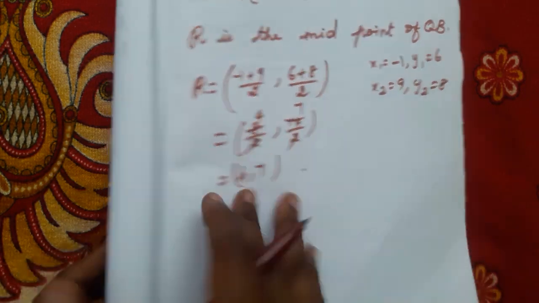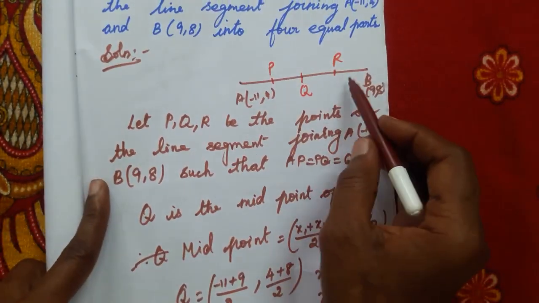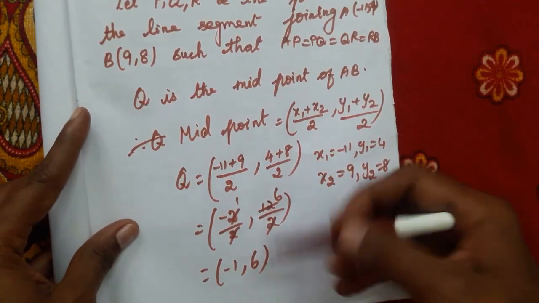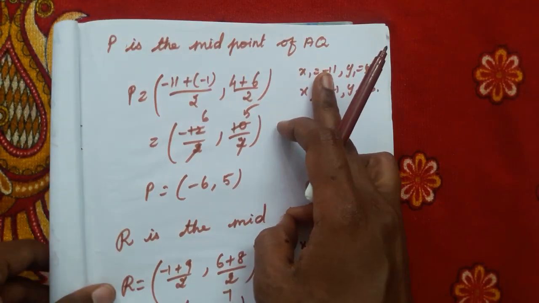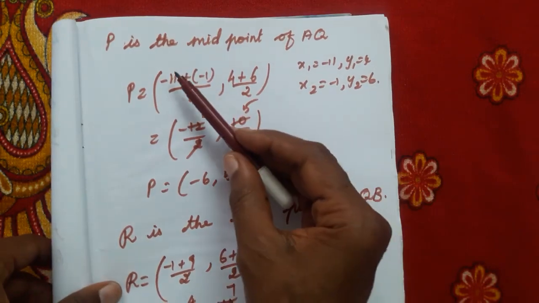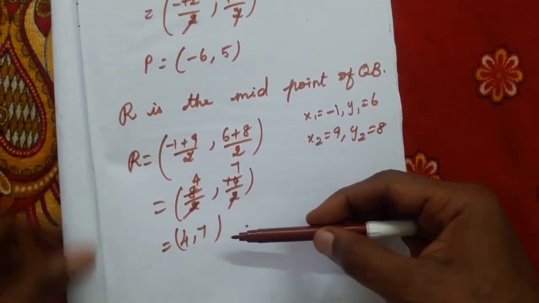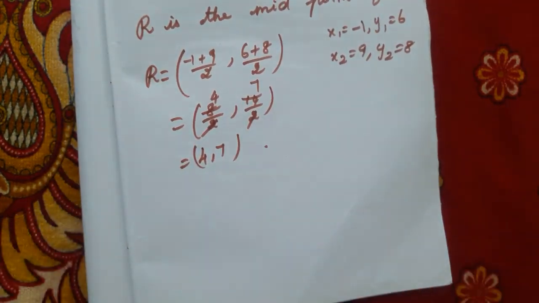So, now we have already found Q, the midpoint of AB, as minus 1 comma 6. P is the midpoint of AQ, so P is minus 6 comma 5. R is the midpoint of QB, so R is 4 comma 7.